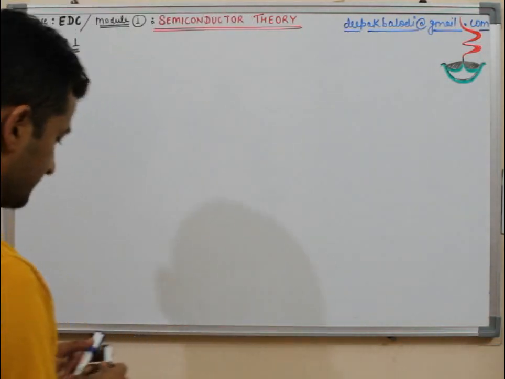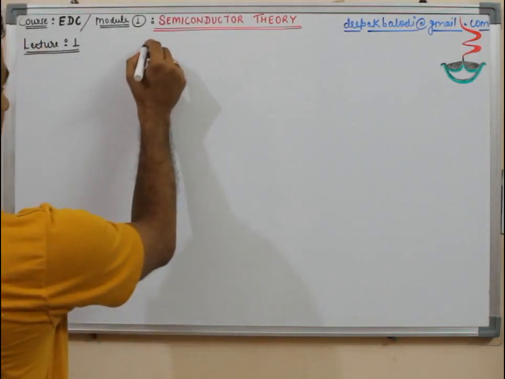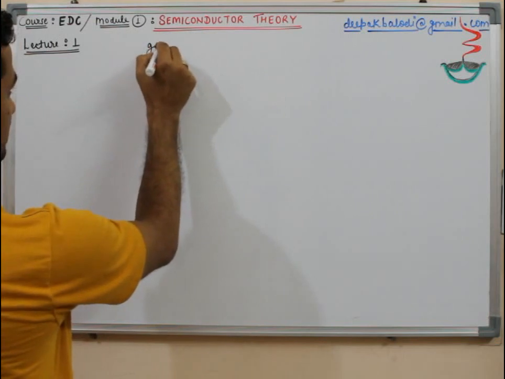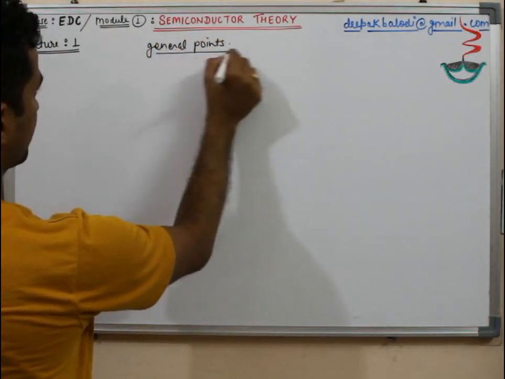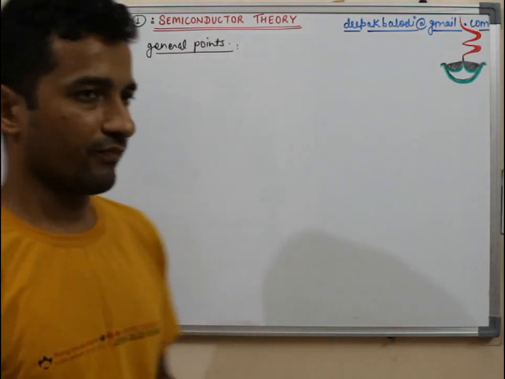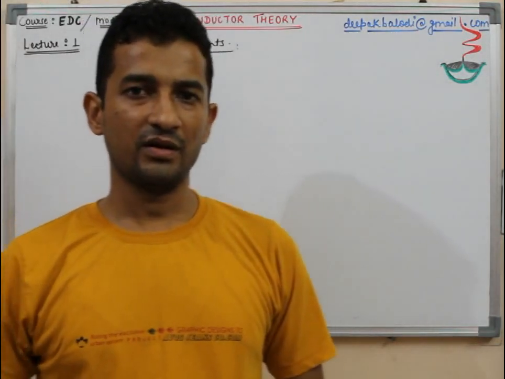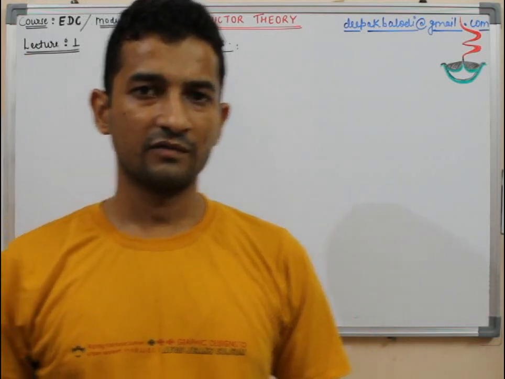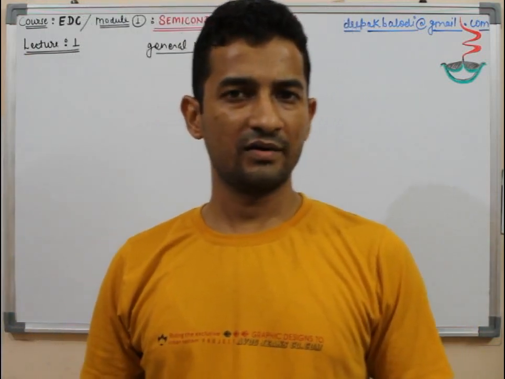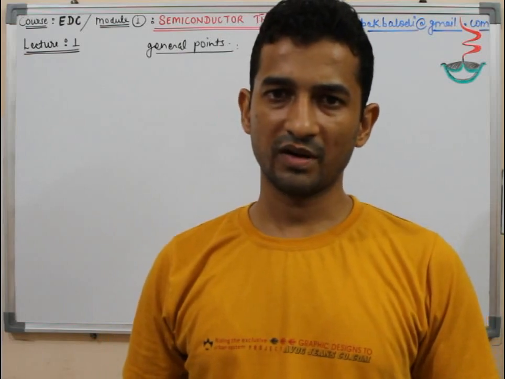But first of all, let us cover the very first topic, some general points. The first point is we are all familiar with temperature and energy, but here we'll be using slightly different units for temperature and energy.